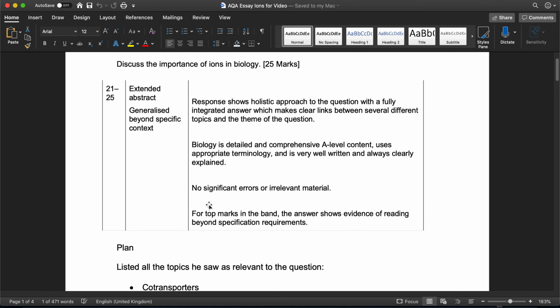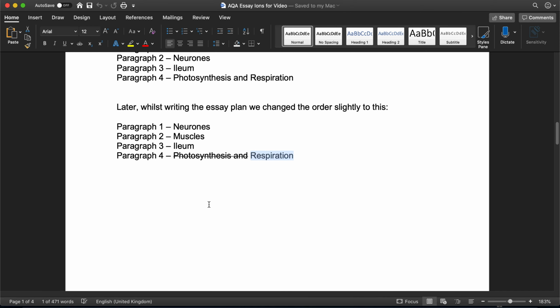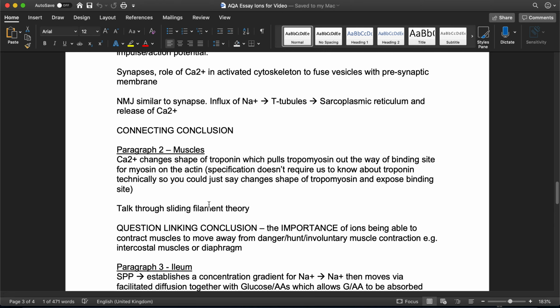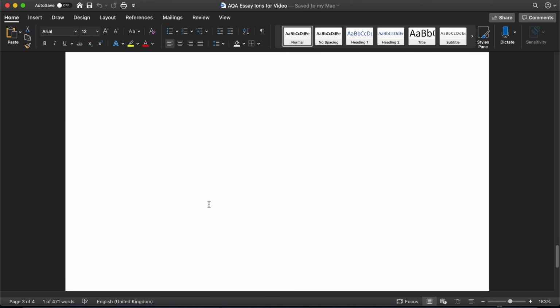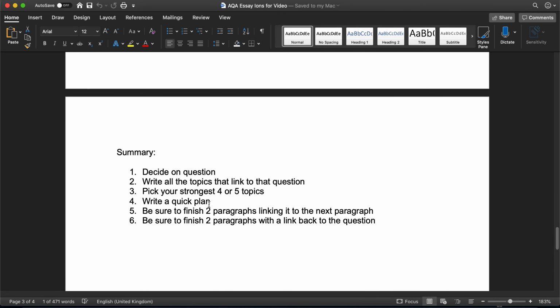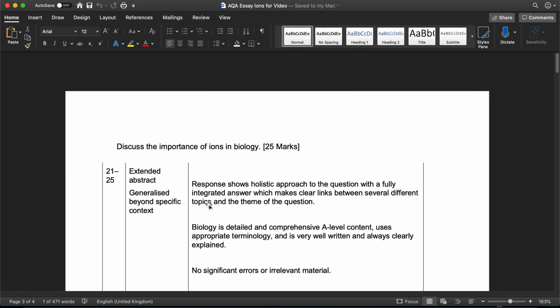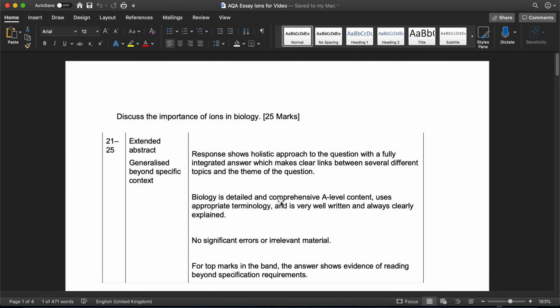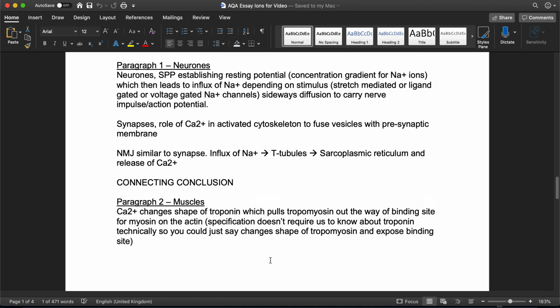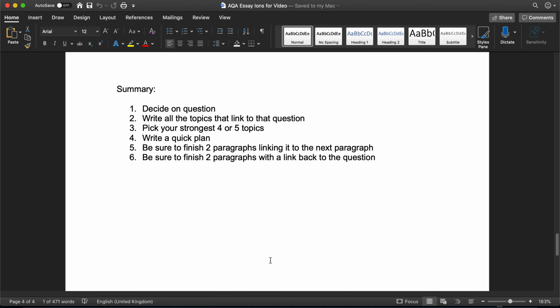And I really recommend to people not to spend absolutely tons of time reading up outside the specification, because you want to be focusing on making sure, just coming back here, that the biology is detailed, A-level content, and most importantly is accurate and error-free. That's what you want to be focusing on. And if you get those final 2 marks for having information outside of the specification, then so be it.